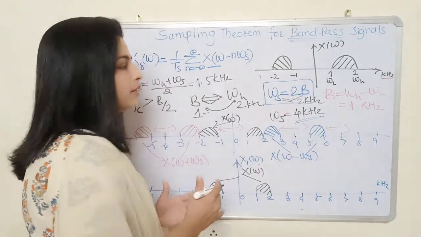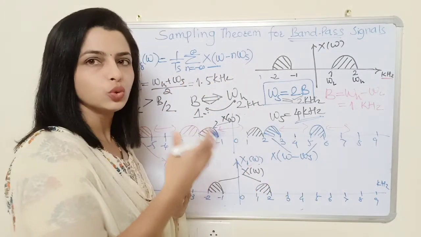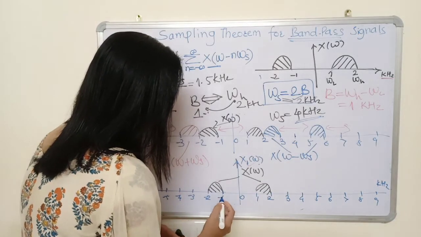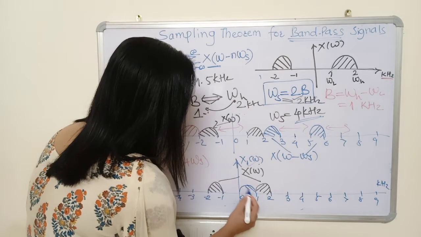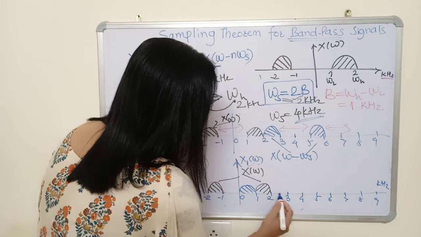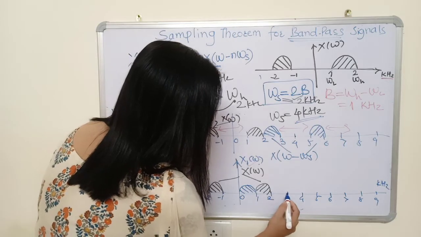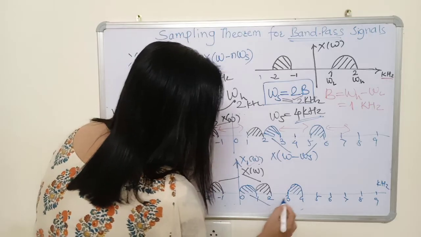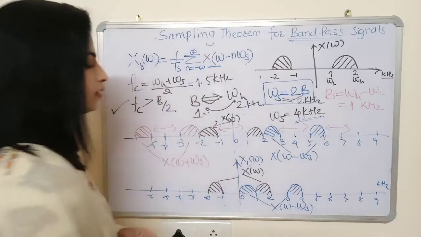First shift by omega minus omega s, that is omega minus 2 kilohertz. So let us move this point by 2, 1, 2, and this point by 2, 1, 2. So this is x of omega minus omega s.